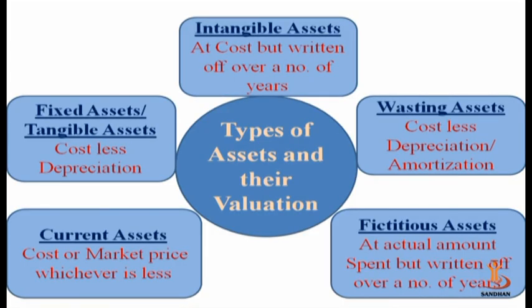Then intangible assets, again they are shown at cost price. Fictitious assets are shown at the actual amount incurred. So the question of calculating depreciation comes only in the case of fixed tangible assets and wasting assets. The next slide is regarding the meaning and definition of depreciation.